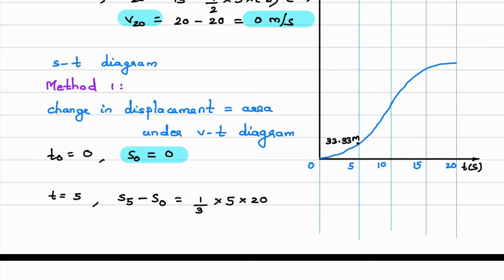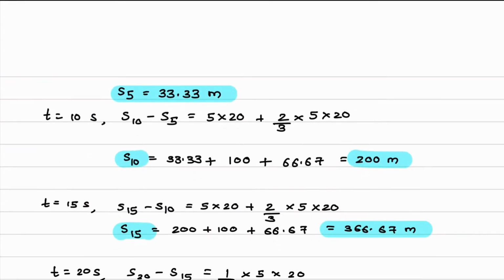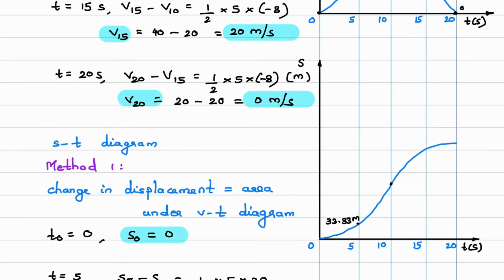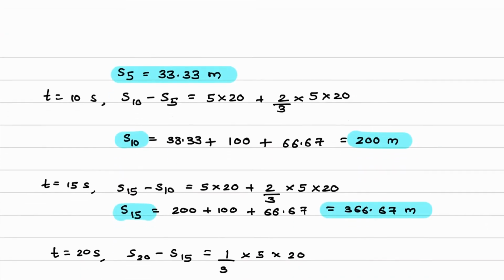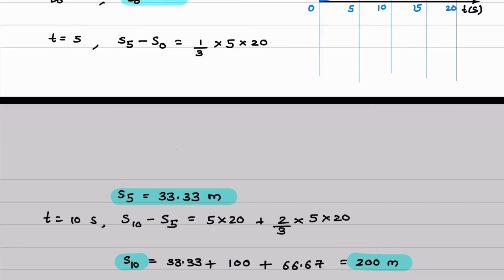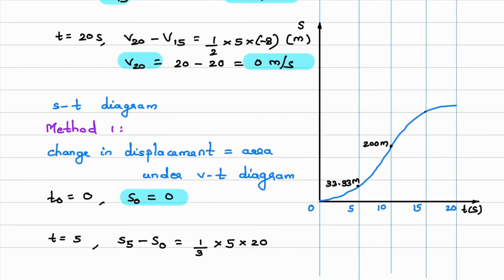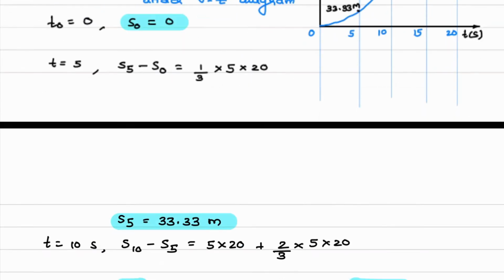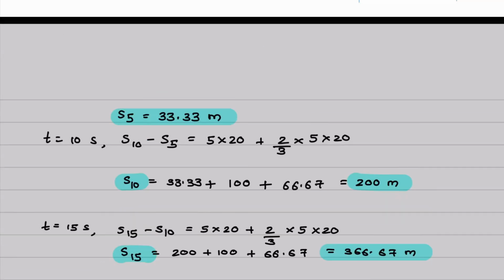When t is 10 seconds, what is S10? 200 meter. Okay. Now when time is 15 seconds, what is S15? 366.67 meter. And when t is 20 seconds, S20 is 400.